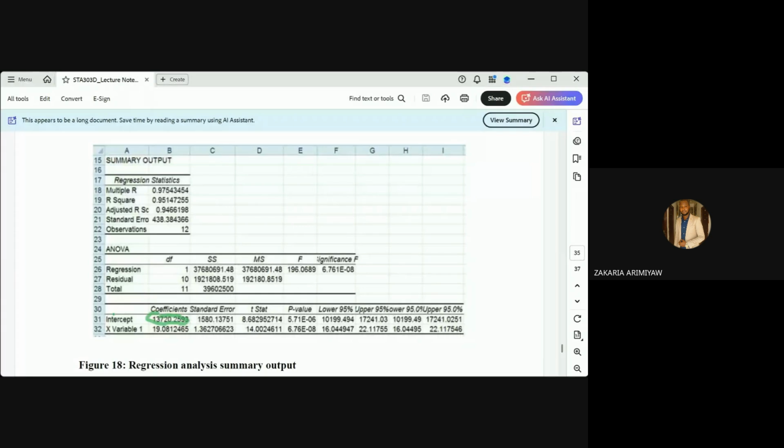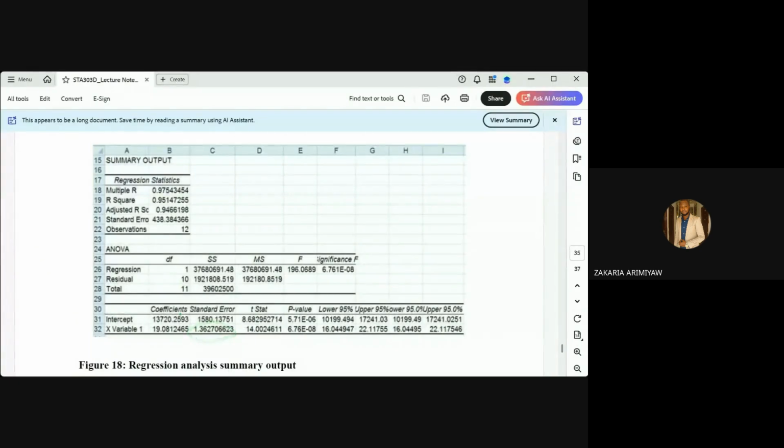This is where you pick the value. The coefficient of the predictor variable, beta, is here. So if you want to write the regression equation, these are the values you have to use. Now the standard error of beta cap, the value is here.